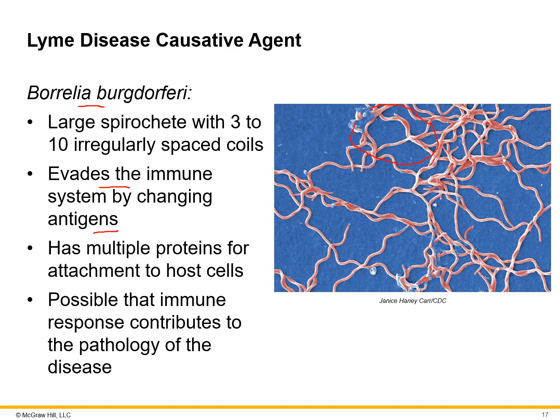It has multiple proteins that it uses to attach, and each of those can change a little bit to change the ability of our immune system to recognize it. It is possible that the immune response contributes to the pathology. Unfortunately, sometimes as the immune system is working, that inflammation and the cytokines can cause as much damage as the bacteria or virus itself.